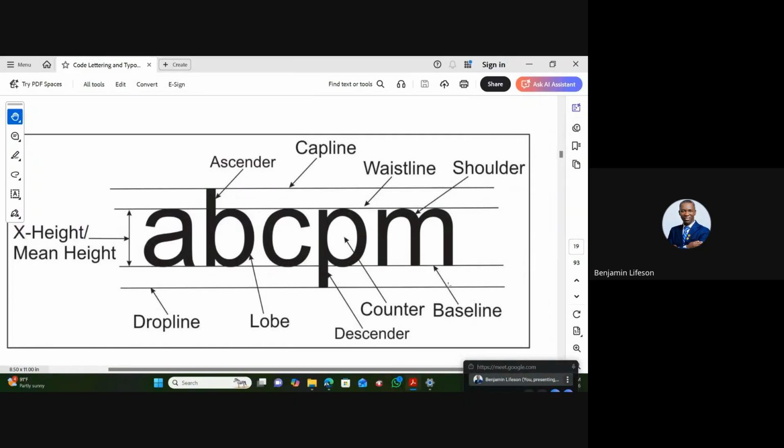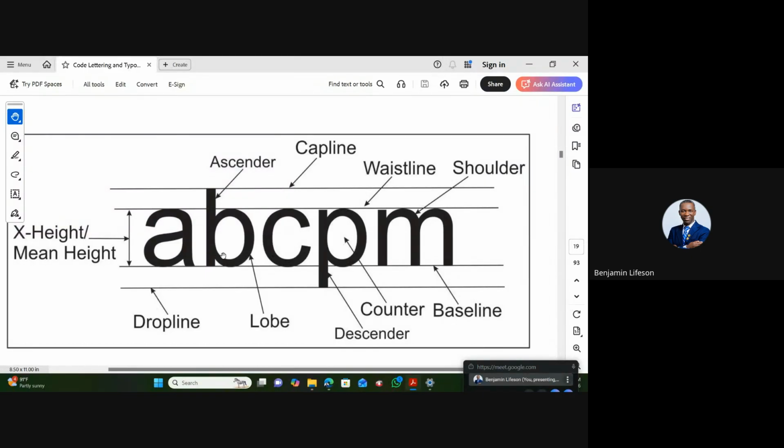The baseline is where those letters rest, and where they touch is known as the waistline.